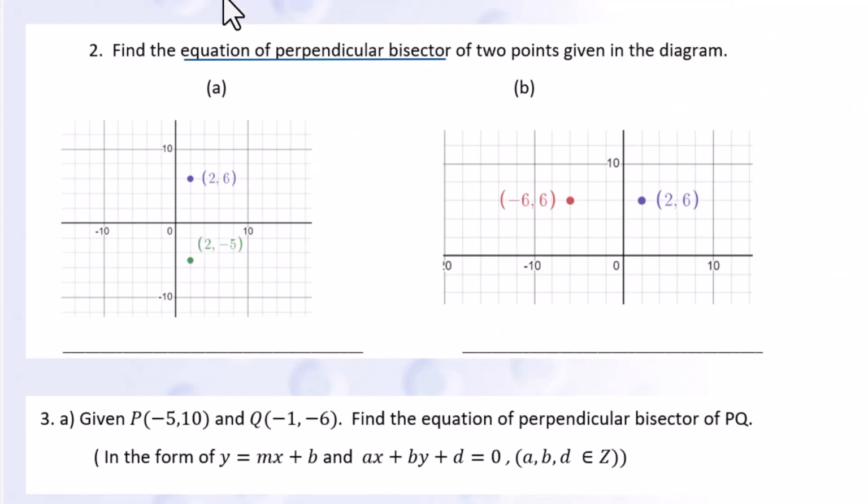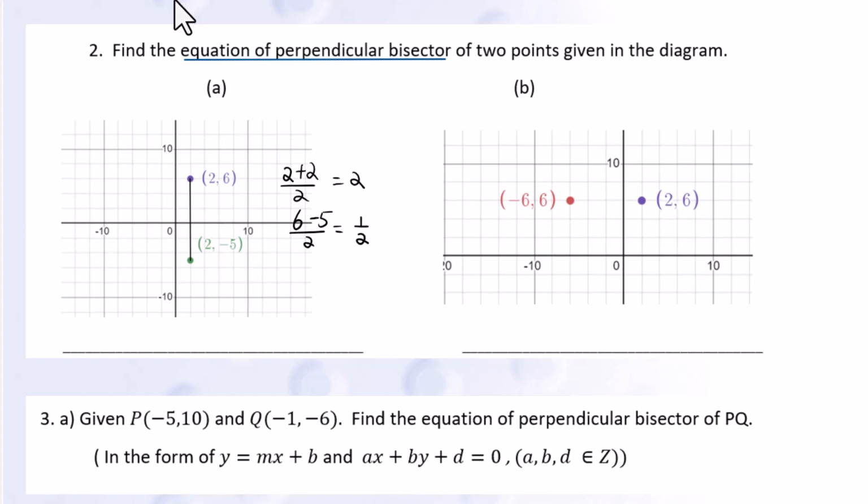We are given two diagrams below. The first diagram: the perpendicular bisector for a vertical line will be a horizontal line. First of all, we need to figure out the midpoint. 2 plus 2 over 2 equals 2. 6 minus 5 over 2 equals 1/2.